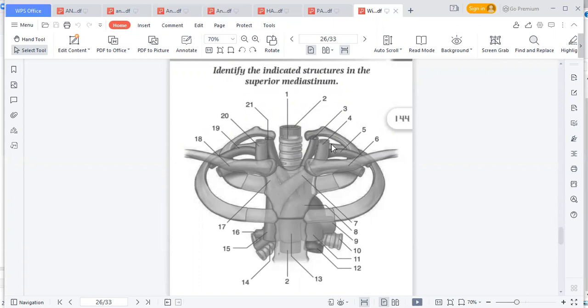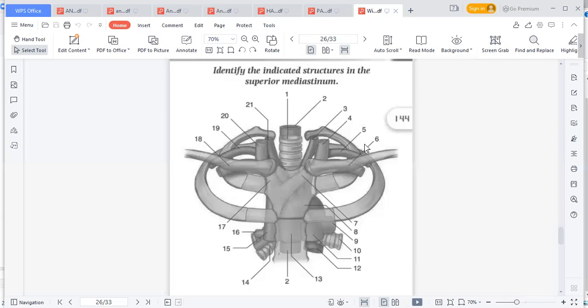Sorry, number three is the left common carotid, and the left common carotid is accompanied by the internal jugular vein, which is number four, because they move together, and it's larger than the artery itself. And then number five is the left subclavian artery, definitely.